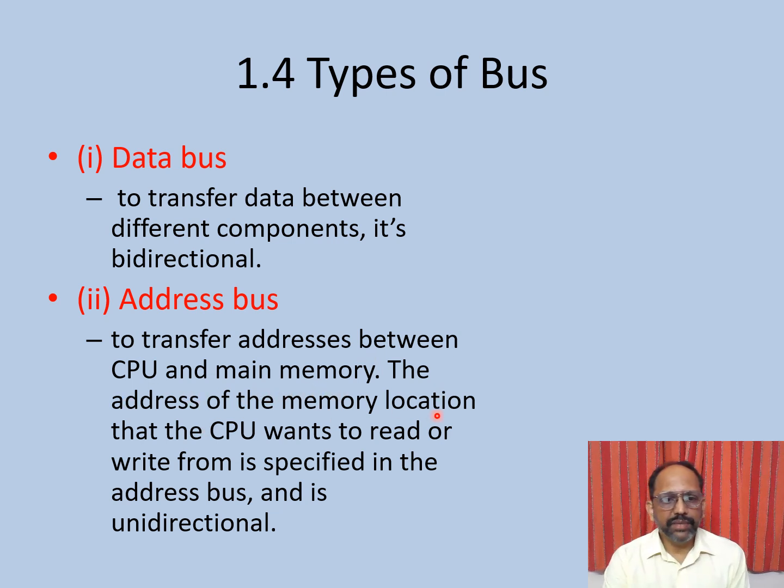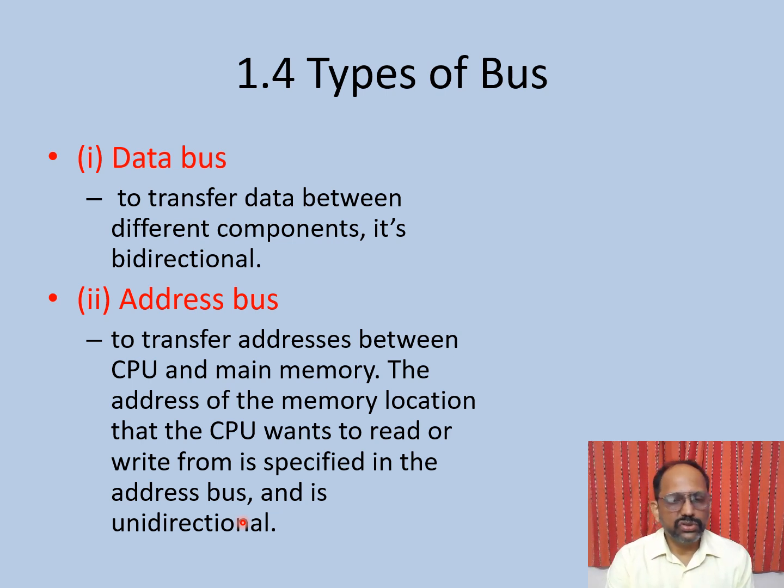The address of the memory location that the CPU wants either to read or to write is specified in the address bus, and it is unidirectional. Unidirectional in the sense that the data moves in one direction.